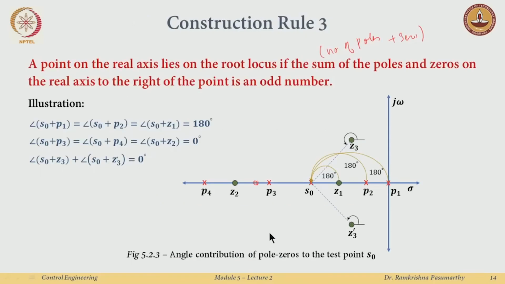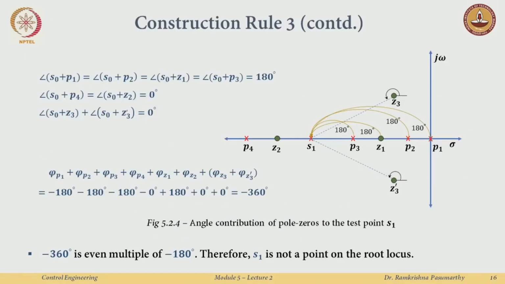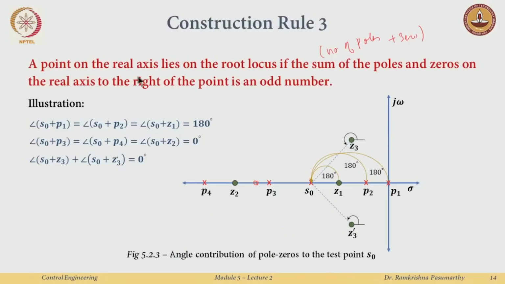The first zero here contributes an angle of 180 with the plus sign, and the total is an odd multiple of 180 degrees, and therefore S0 is a point on the root locus. This justifies our rule that a point on the real axis lies on the root locus if the total number of poles and zeros to the right of that point is an odd number.